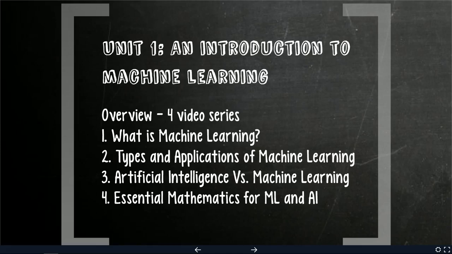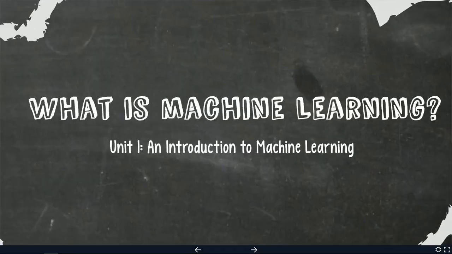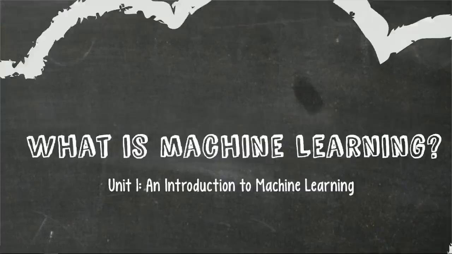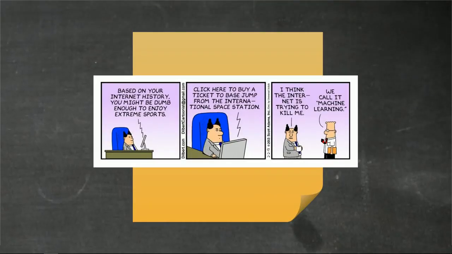Let's talk about machine learning. So what is machine learning? This is the question that this video is going to cover. Let's try to address that now. So I want to start with this comic that I think does a good job of portraying the current state of understanding of machine learning. So this is the Dilbert Daily strip by Scott Adams.